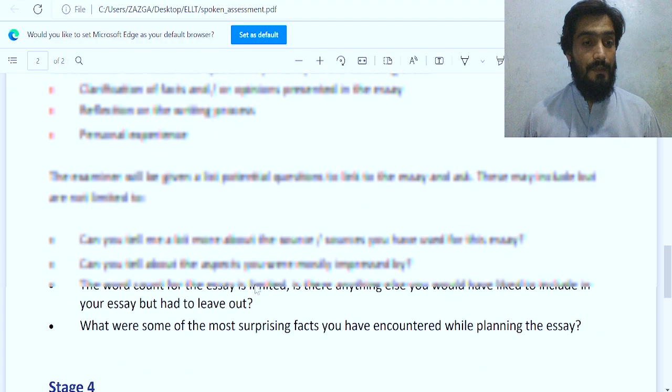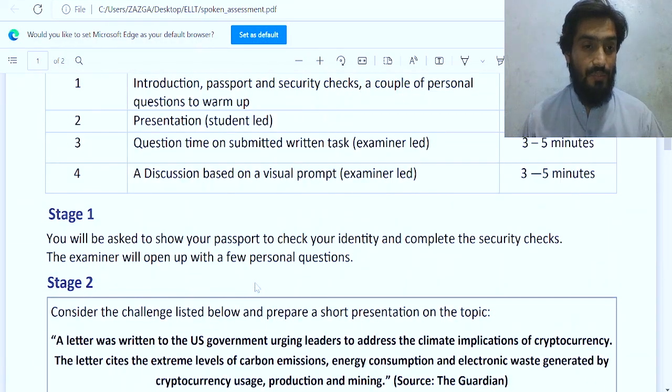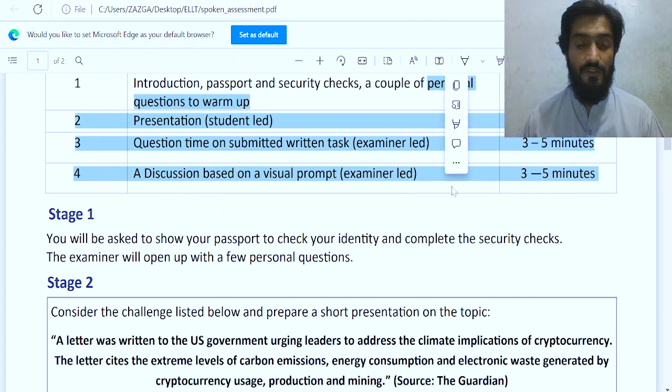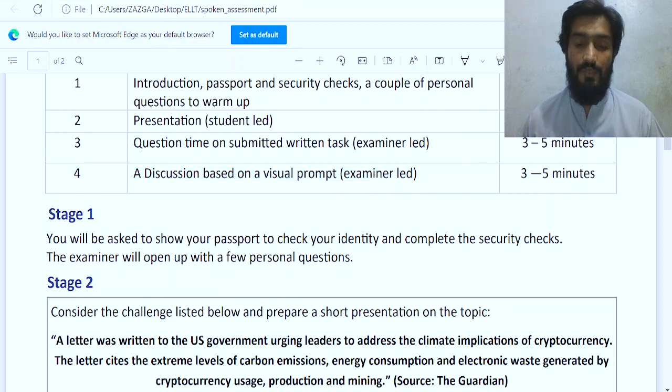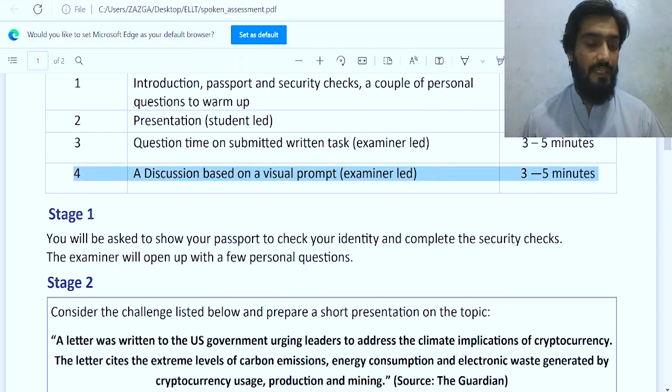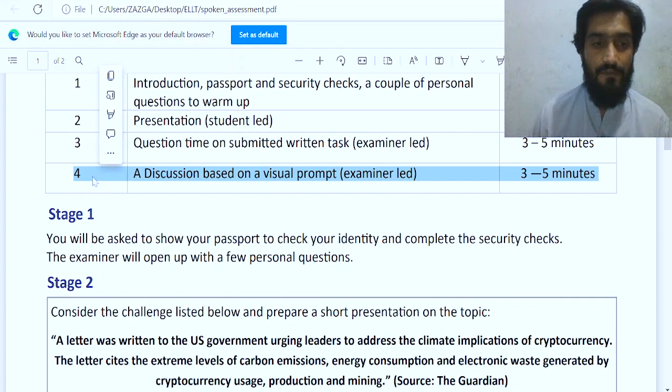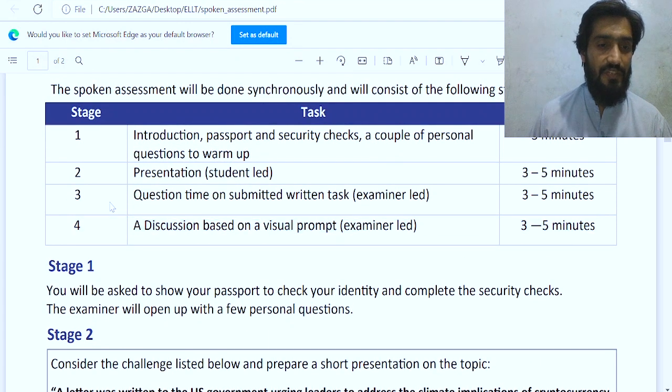Now stage 4, which was not present in the old test pattern of the speaking module, is a new addition in this test. This was not available in the previous pattern, I mean 1 month ago. Speaking wouldn't have 4 stages, but 3 stages.